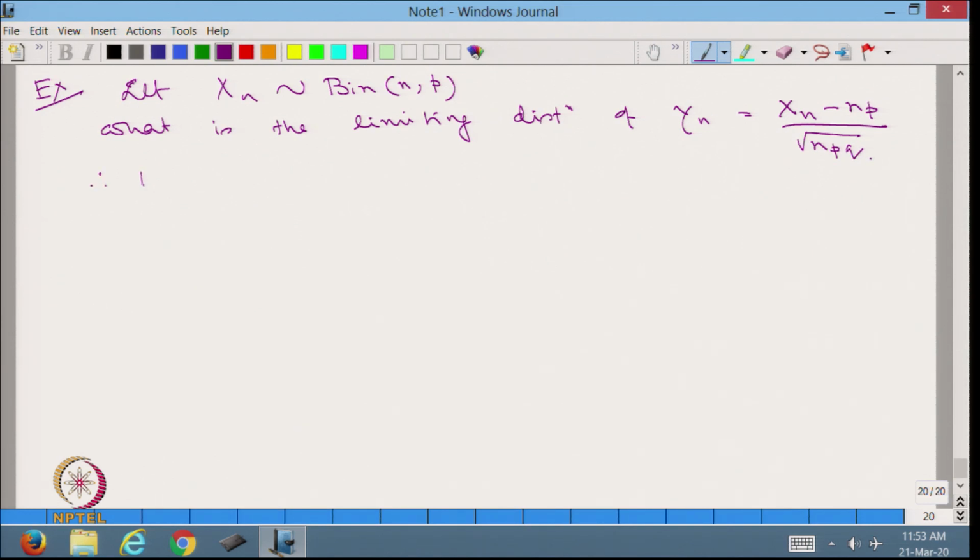Therefore, here too we normalize it such that mean of Yn is equal to 0 and variance of Yn is equal to 1.